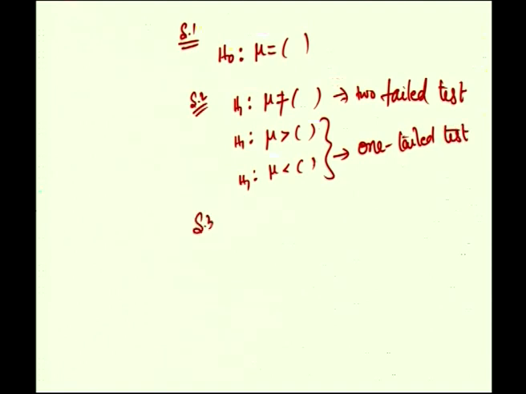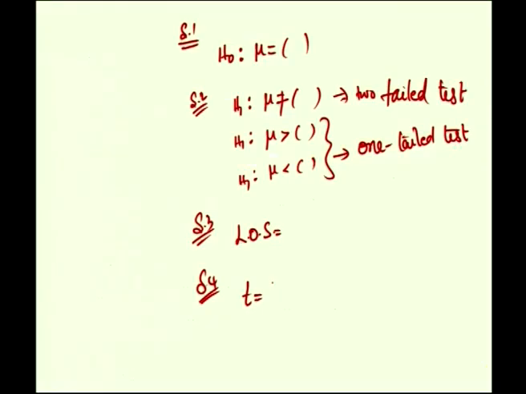Step 3 is fixing up the level of significance. Step 4 is computing the t formula. There are two different t formulas based on whether the sample SD is given directly or not given directly, in which case you have to calculate the sample SD using the sample observations given in the question.